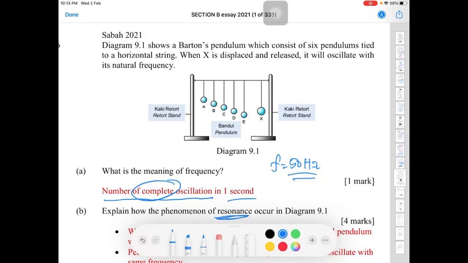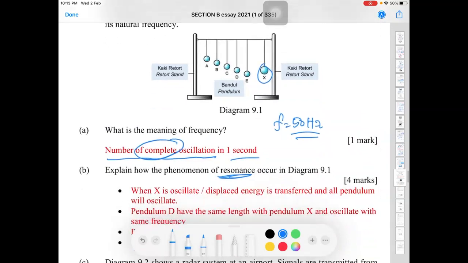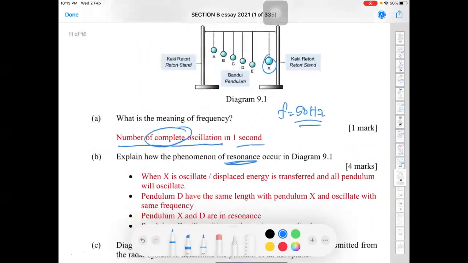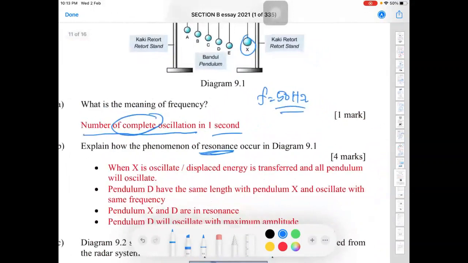So in this case, bila you pada X ni, this X, you oscillate. So apa jadi dekat pendulum A, B, C, D and E? Okay, that's why you kena explain what you kena explain in B.